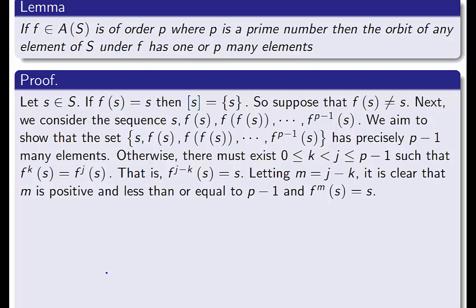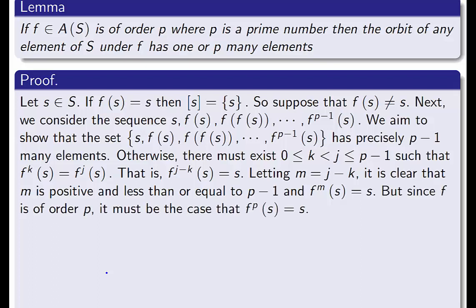So s is fixed under the action of f^m. But since f is of order p, it must be the case that f^p of s is s, because f^p is the identity map, so it has to fix s.